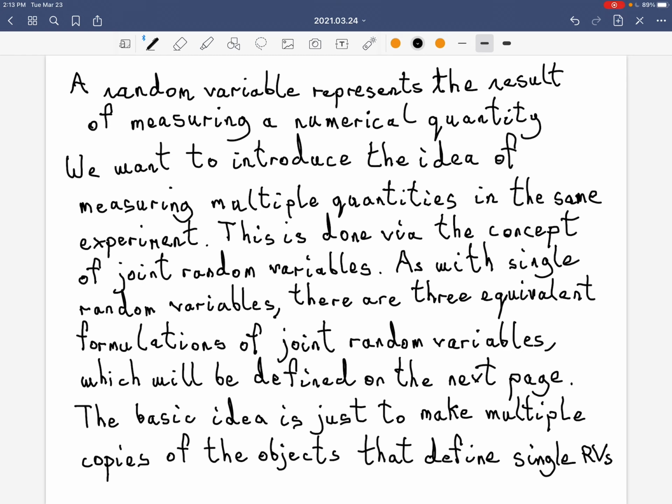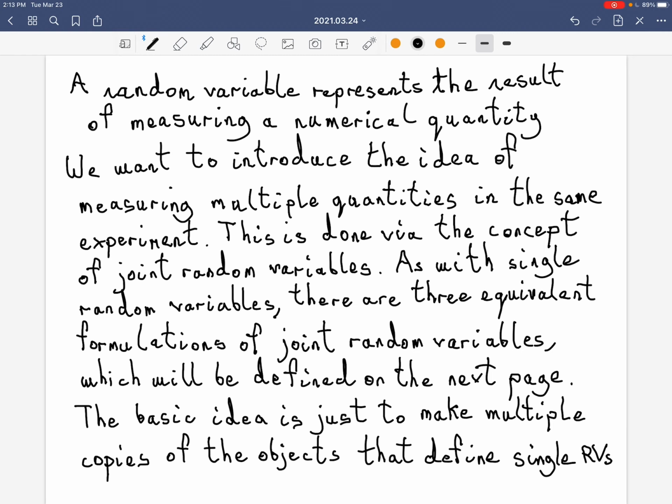And what you want to do is measure this number over and over again and use the math we're studying in this course to come to interesting conclusions. So what we want to do now is introduce the idea of measuring multiple quantities in the same experiment. So this is done via a concept we call joint random variables.